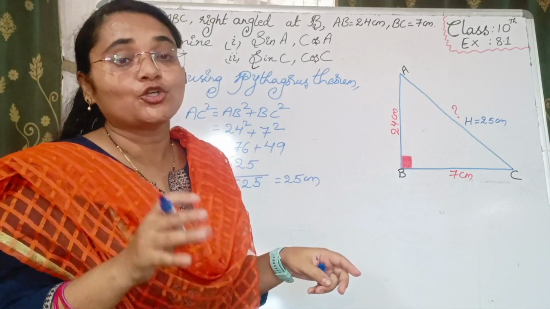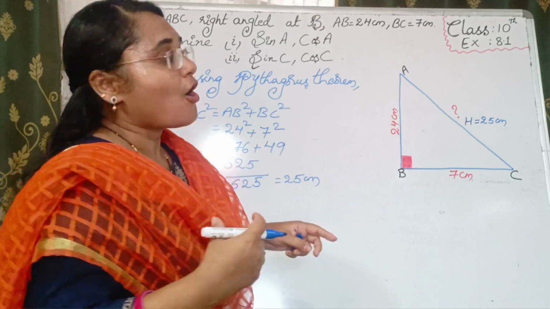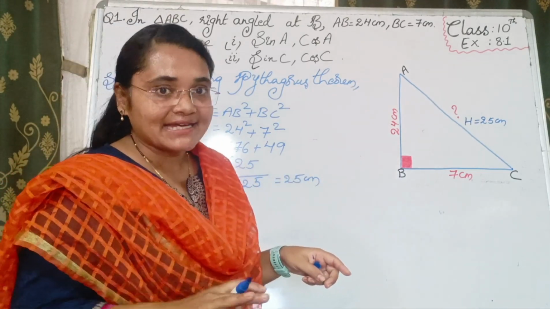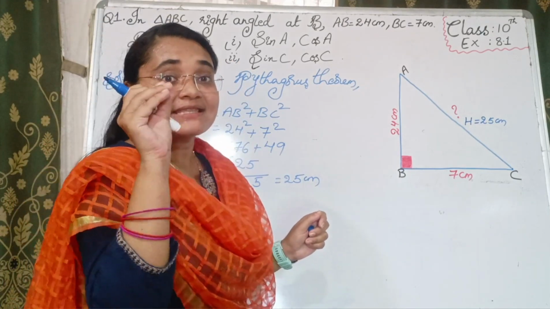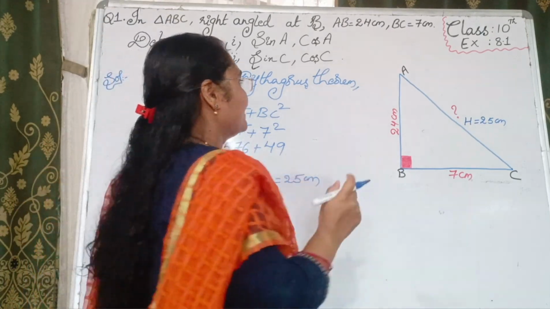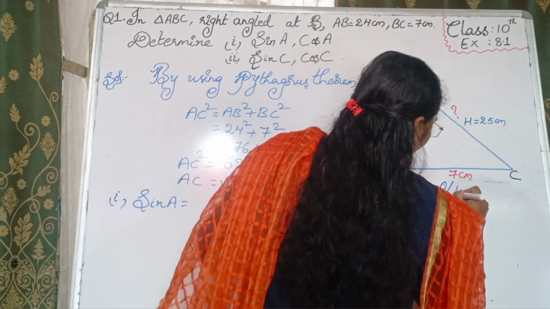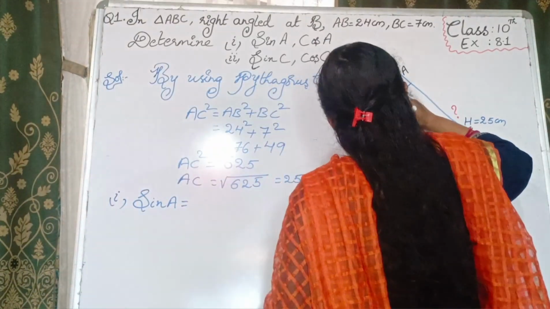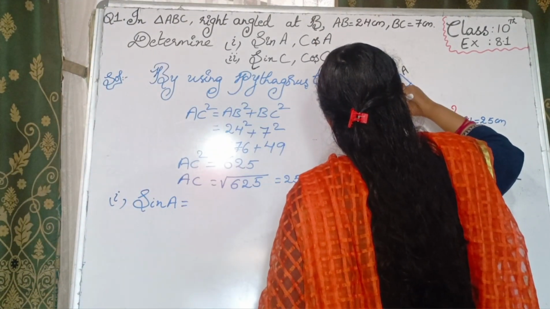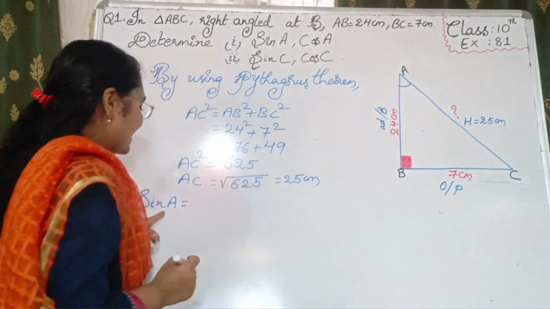Based on that angle, you find what is the perpendicular or base, what is the opposite side and what is the adjacent side. So here sin A means the opposite of angle A. Opposite of angle A is the perpendicular, 7 centimeter, and adjacent or base is 24 centimeter.